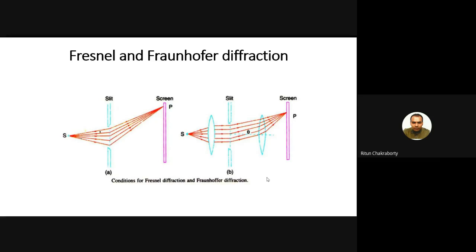And why are we using two lenses? Because the source and the screen are at infinite distances from this aperture. The first one is lens 1, then lens 2.